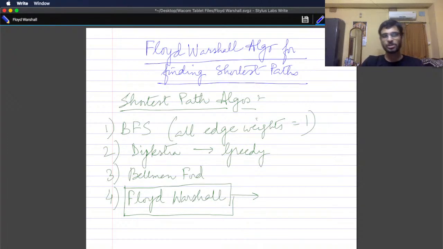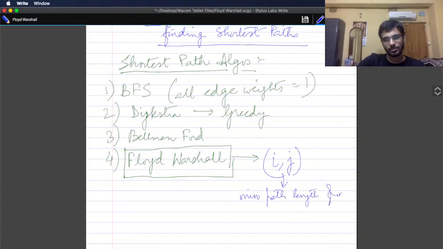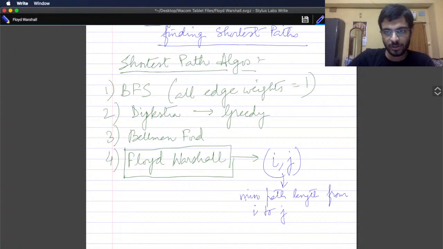It works on any kind of directed or undirected graph, and what it gives us is that for all the pairs i and j, it tells us the minimum path length from i to j. So for all the vertices, it actually gives us the shortest paths.